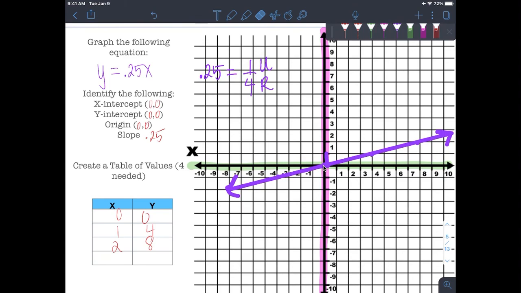Excuse me, wrong way. So 1, 4, 2, 8. And I'll pull another one back here. -4, -1. There are my values. So all I'm doing is just translating this into a picture.